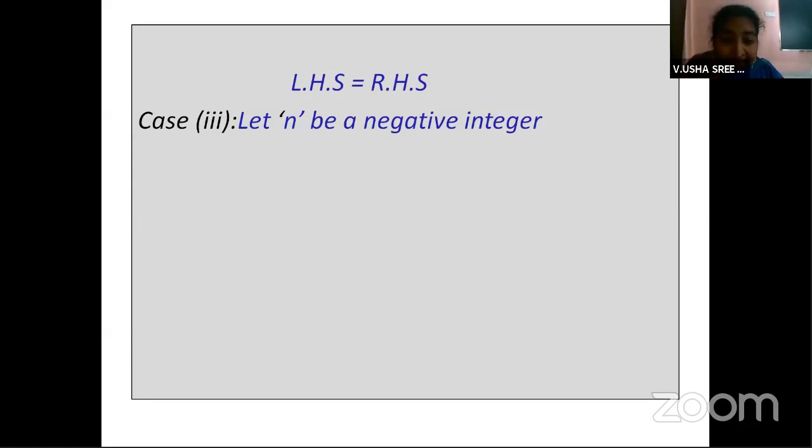So I can always write n as minus m, where m is a positive integer. That means a positive integer with a minus sign in front of it becomes a negative integer. So we are just trying to write n as minus m, where m belongs to Z plus. Z plus here, Z means the integer set.